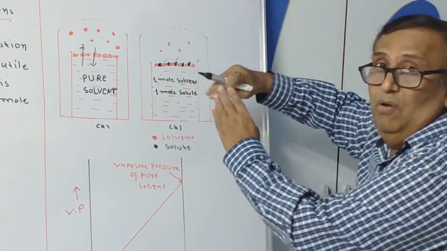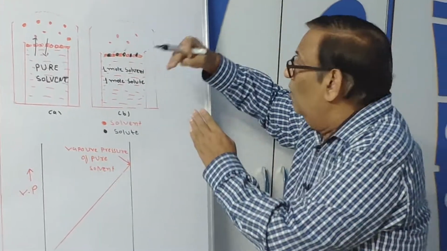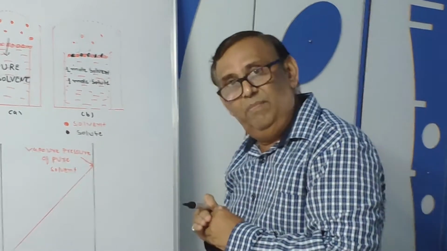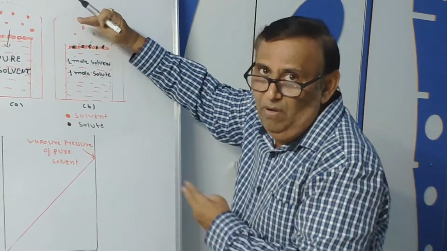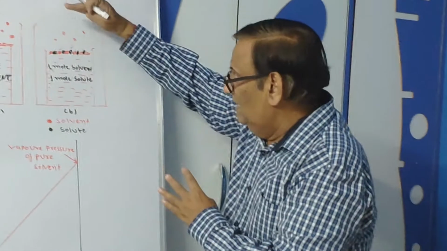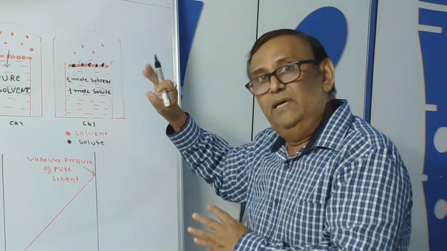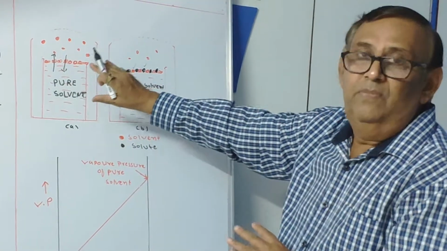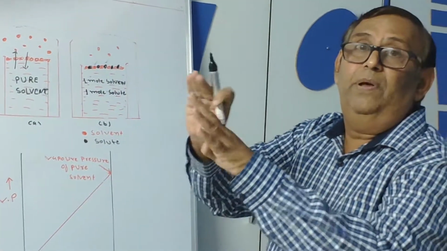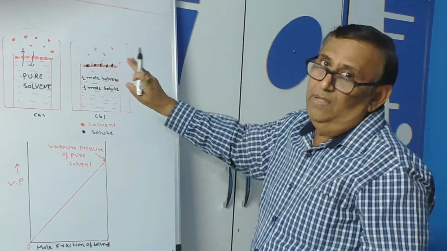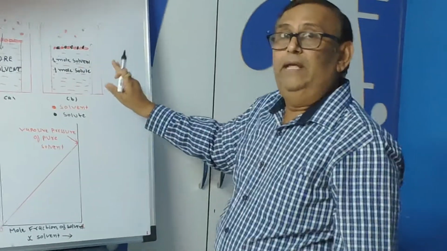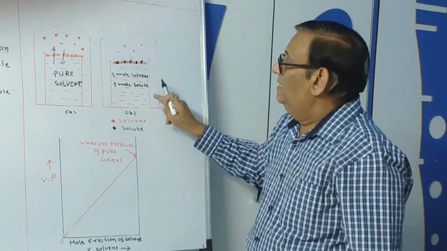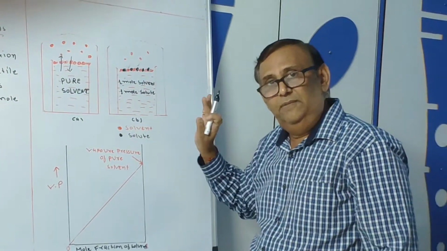The number of solvent molecules going into the vapor phase is therefore less, so there are fewer vapor molecules, and hence the vapor pressure is lower. This is the difference between the vapor pressure of the pure solvent and the solution: the vapor pressure of the solution is lower than that of the pure solvent.